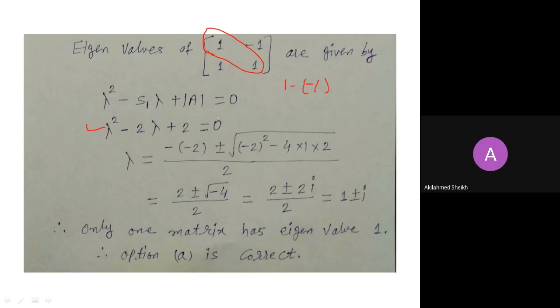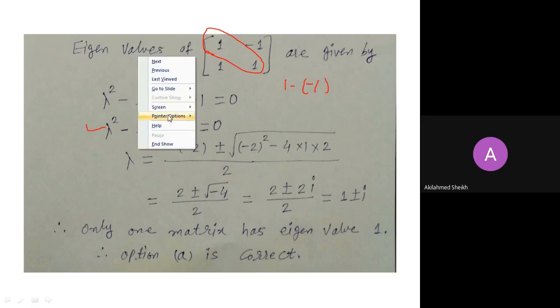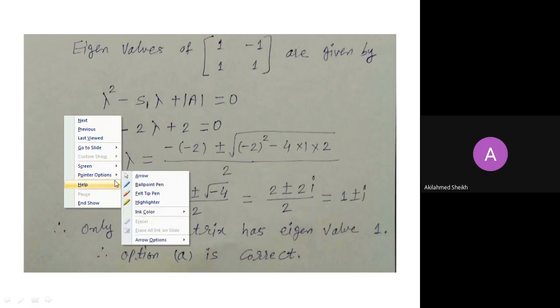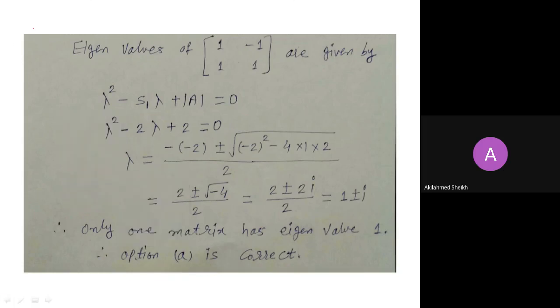Now we can solve the given quadratic equation by using a formula. The formula is here. If the given equation is of the type ax square plus bx plus c equals 0, this is the quadratic equation.